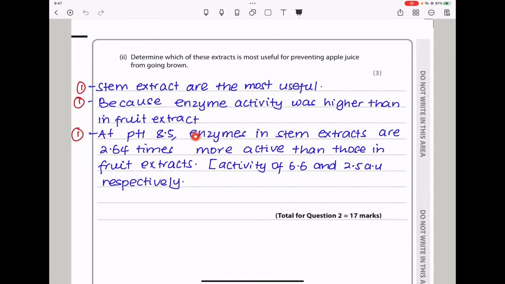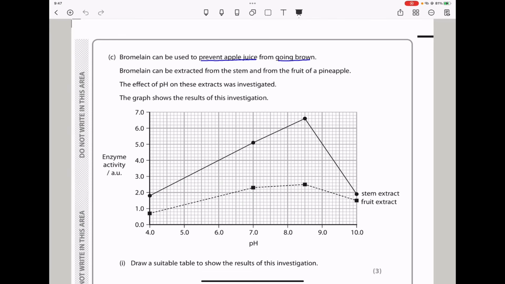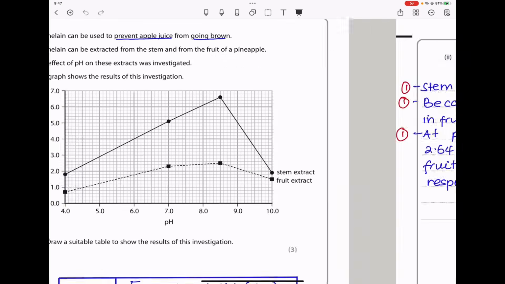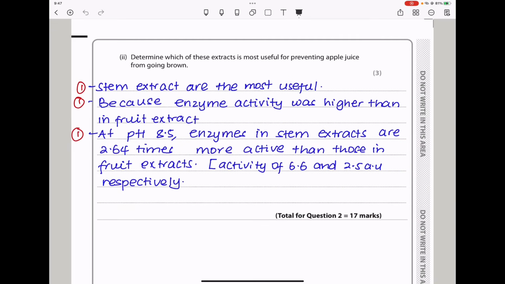So I say that at pH 8.5, enzymes in stem extracts are 2.64 times more active than those in fruit extracts. Or you could say they had an activity of 6.6 and 2.5 AU respectively. So this brings us to the end of question 2. Let's continue to question 3.